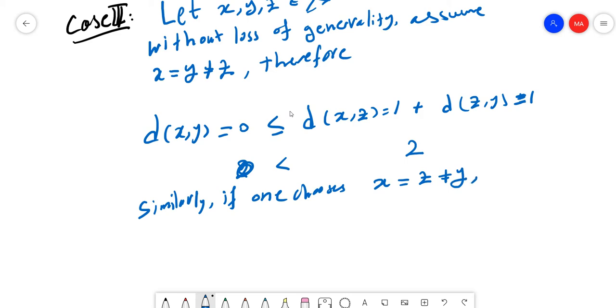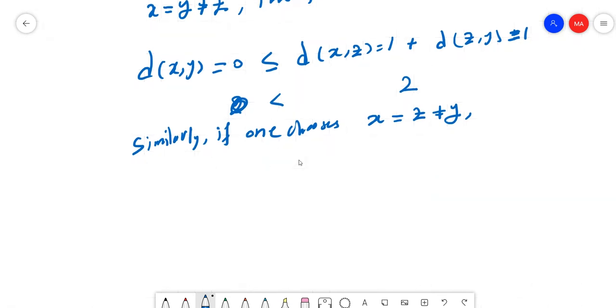Let us see what happens. The distance between x and y is equal to 1 because we have x not equal to y.